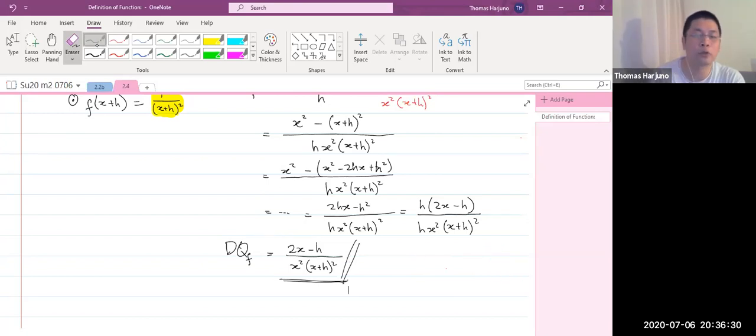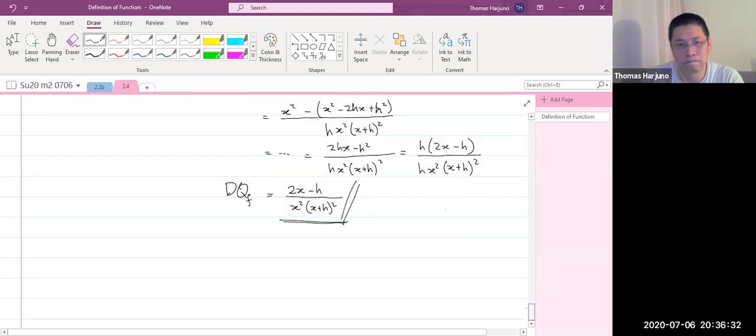What happens if we have a square root? Let's say the function f of x equals the square root of x plus 4.